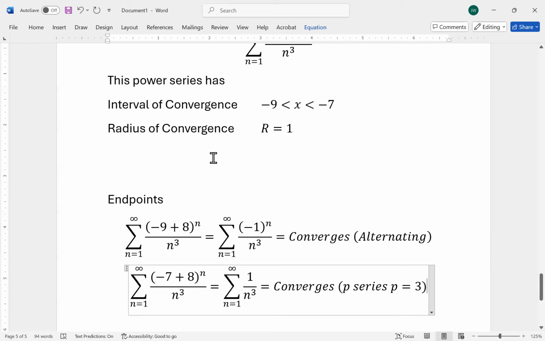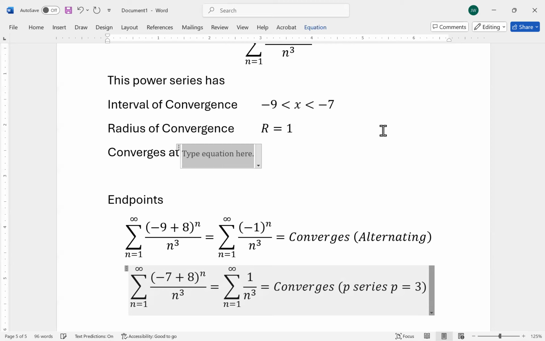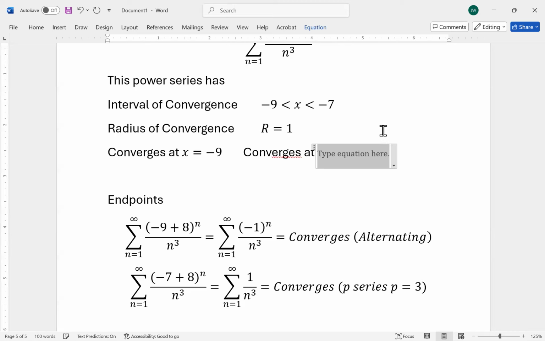So that means this power series has an interval of convergence between -9 and -7, radius of convergence of 1, and it converges at x equals -9. It converges at x equals -7.